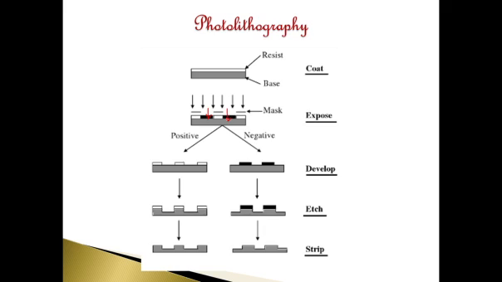Either the exposed region could be dissolved in the developer solution, or the exposed region is undissolved in the developer solution. So in that way you will get two kinds of development techniques. In the positive technique, exposed areas are soluble in the developer solvent, while in the negative, exposed areas are less soluble.